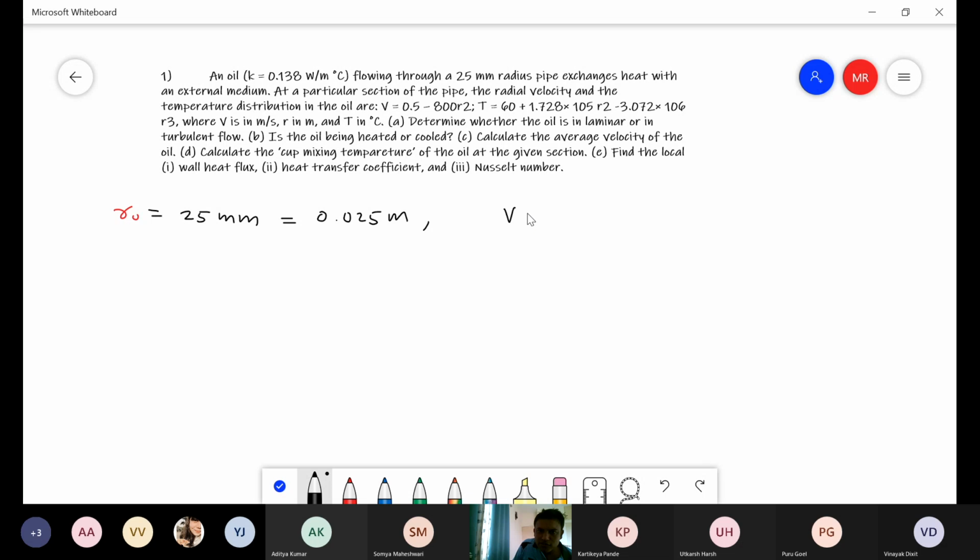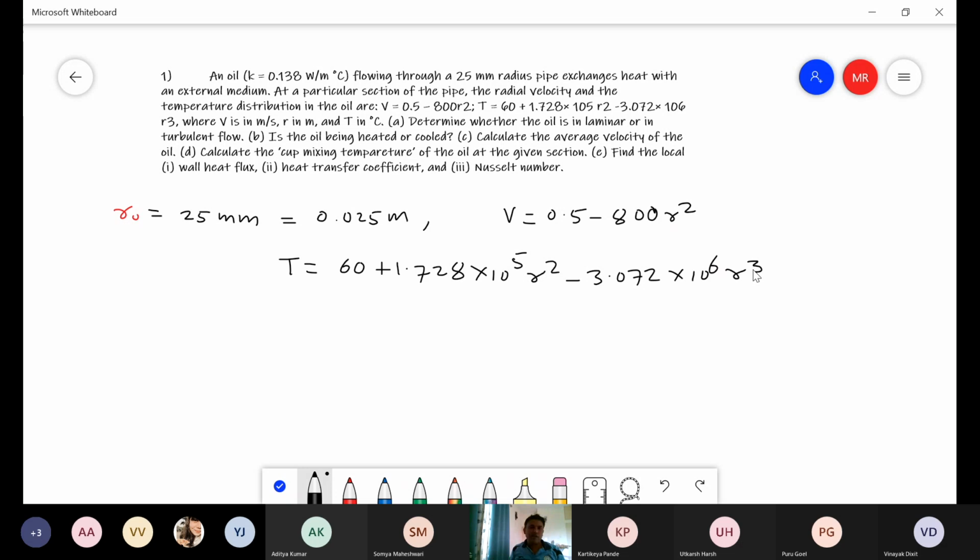Again, what is been given is velocity is given as 0.5 minus 800 r square, and temperature distribution is given, that is 60 plus 1.728 into 10 raised to the power 5 r square minus 3.072 into 10 raised to the power 6 r cube.